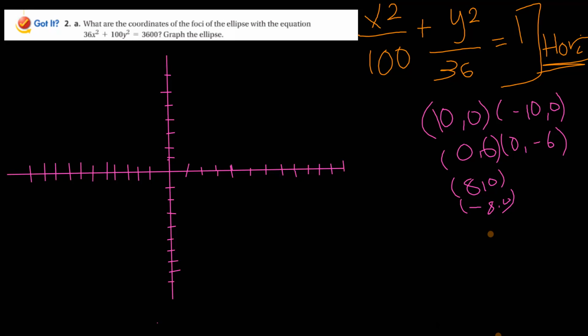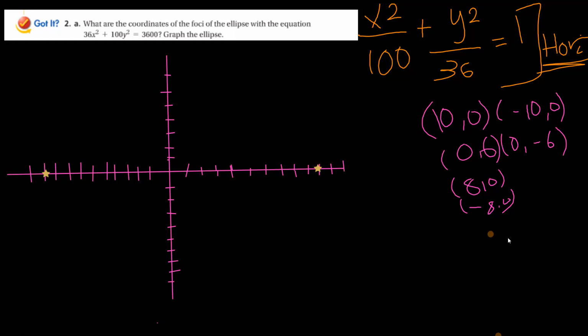Now look at the first one here. Its coordinate is (10, 0): 1, 2, 3, 4, 5, 6, 7, 8, 9, 10. It is here. The second one: 1, 2, 3, 4, 5, 6, 7, 8, 9, 10. It is here.